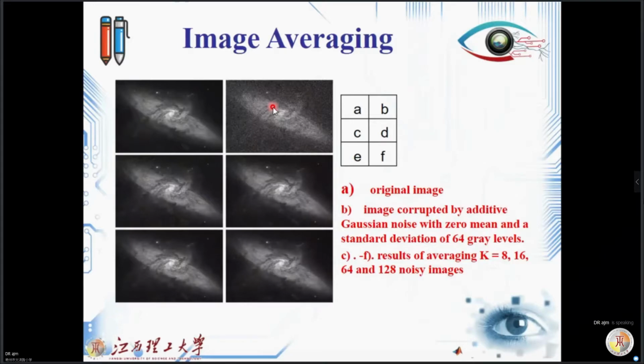You see how my image is killed. Then C to F are the results, and you will see that as I increase the K, the last one, the quality of the image becomes better than the noise.